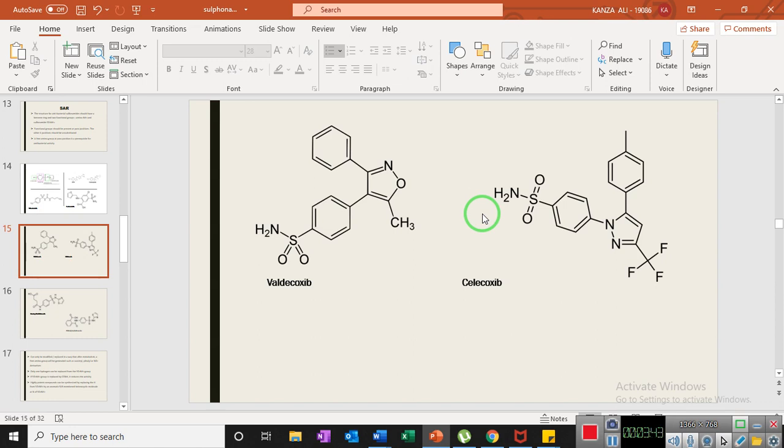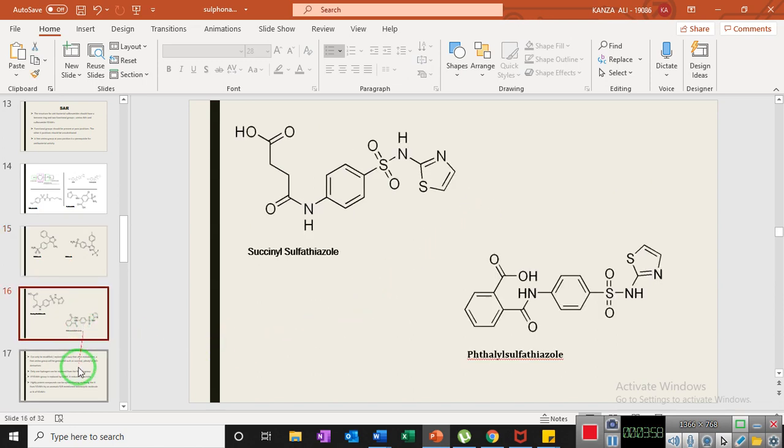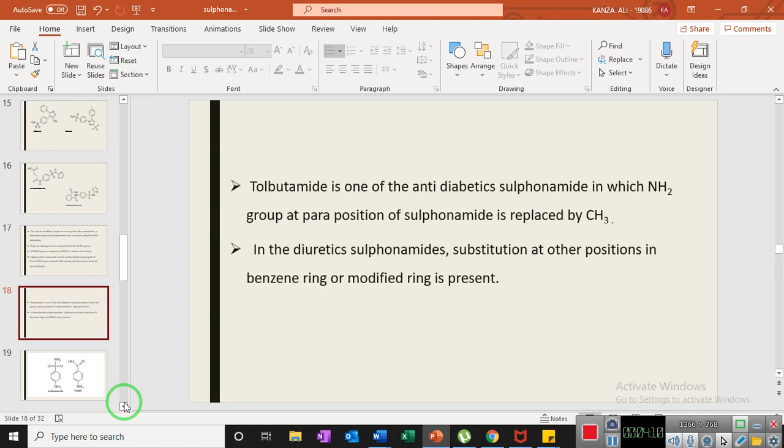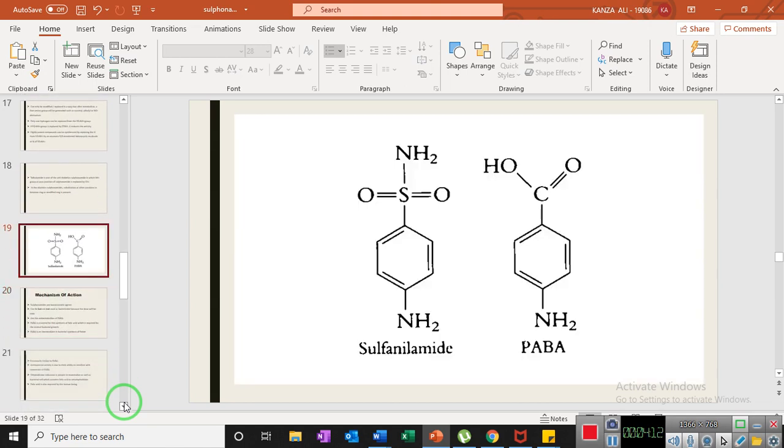But when we are going to study the mechanism of action of sulfonamide, then we are using another term. What is that term? The true sulfonamide and the false sulfonamide.